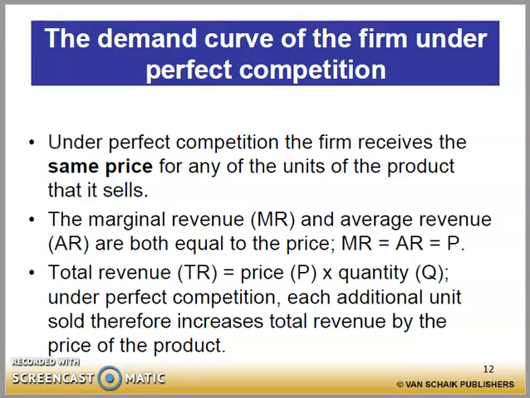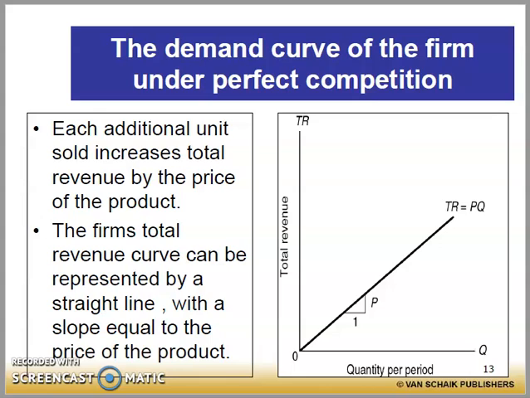This is simple to understand because, as we've already established, firms are price takers, meaning that the price is fixed at the market price. The only thing that firms can do to maximize profit is to increase their total revenue, which is to increase their quantity sold. And each additional unit that is sold will increase total revenue by the price that is given. Therefore, each additional unit sold increases the total revenue by the price of the product.